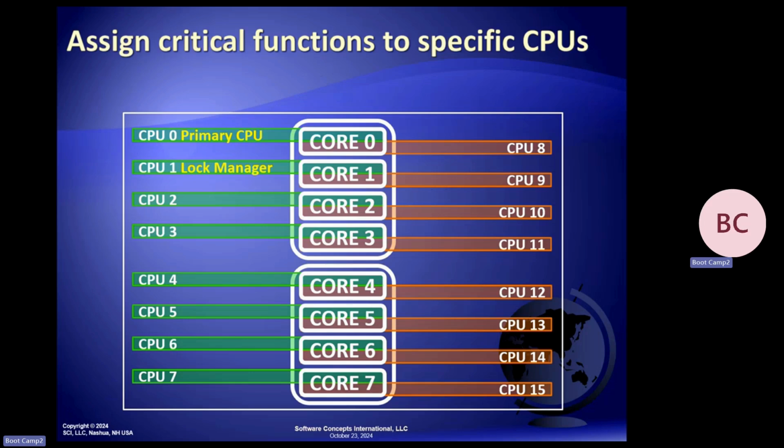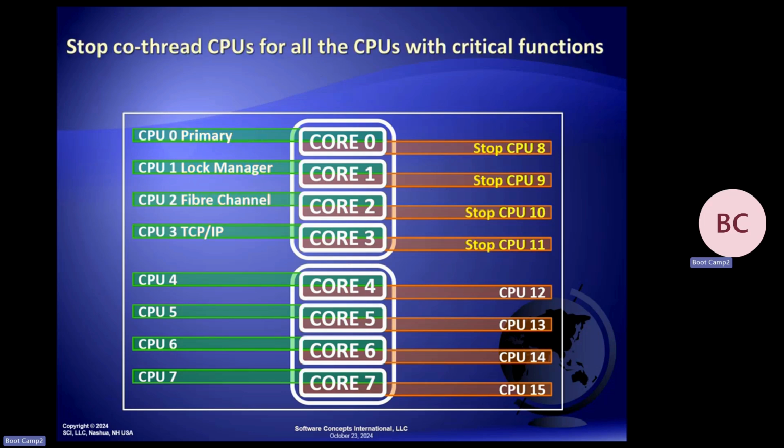It might be the CPU that's handling PE driver and cluster communications for cluster-wide locking in a clustered system. And let's put the fiber channel CPUs on CPU 2, and then let's put TCP/IP BG0 and the NICs for TCP/IP on a 4th CPU. All right, so those are our critical CPUs. And let's stop all the co-thread CPUs for all of those.